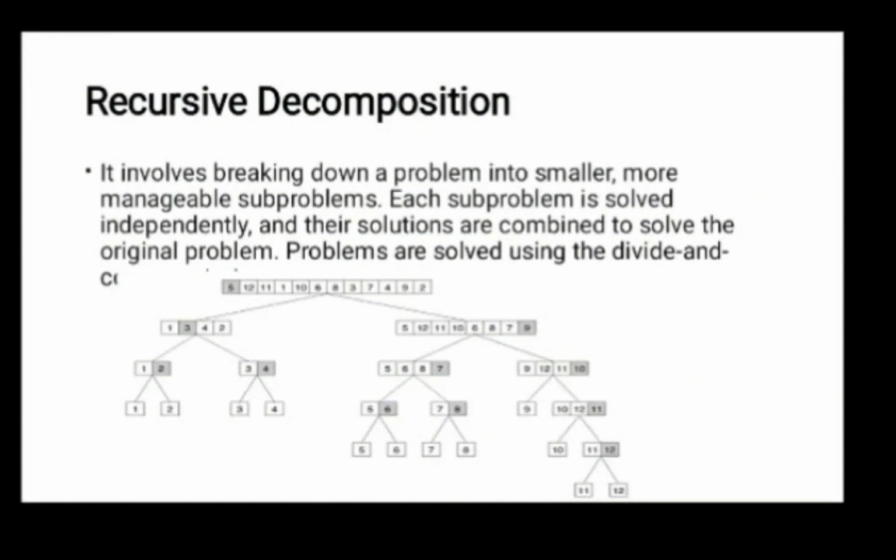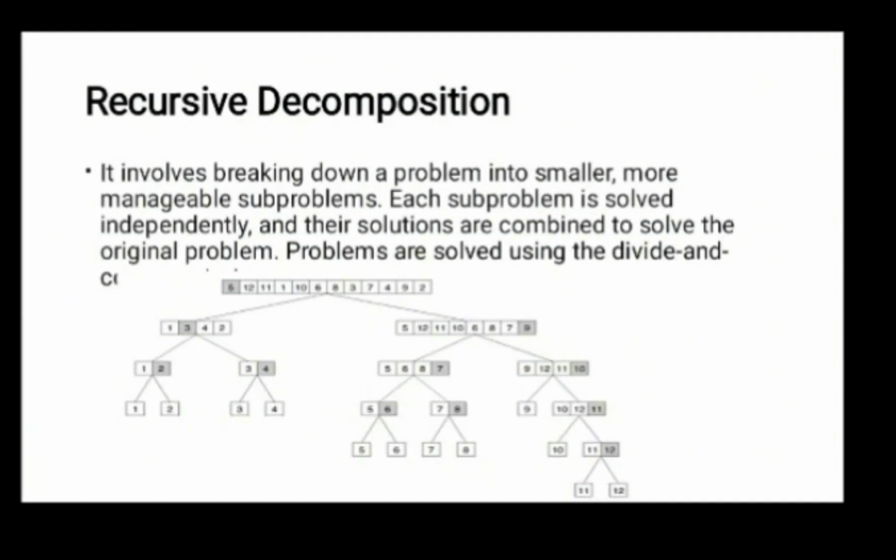So we shall look at the quicksort problem, where you can see it is a sequence of elements. What you have to do is solve this problem. When you look at this 5, you can see 5 is highlighted.